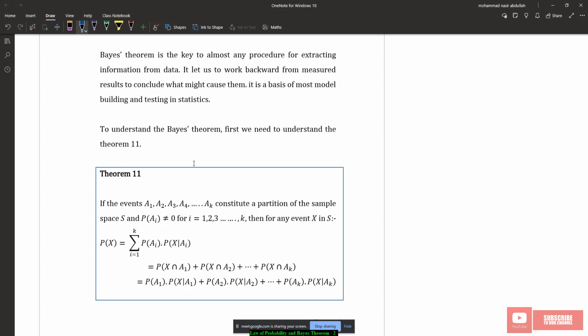So now, to understand Bayes theorem, first we need to understand theorem number 11.